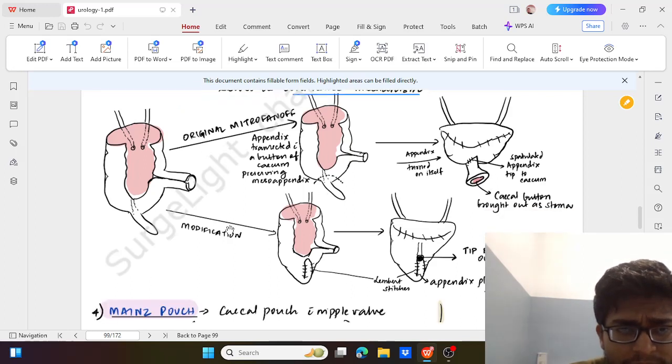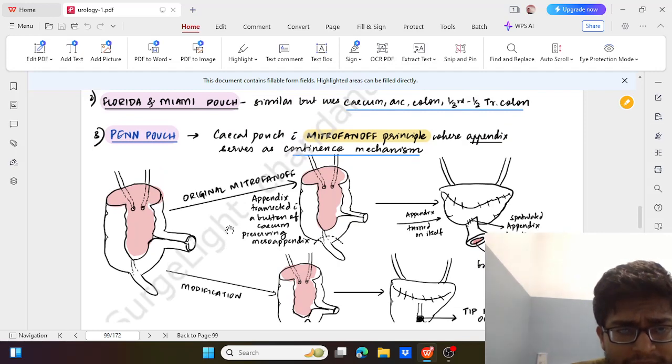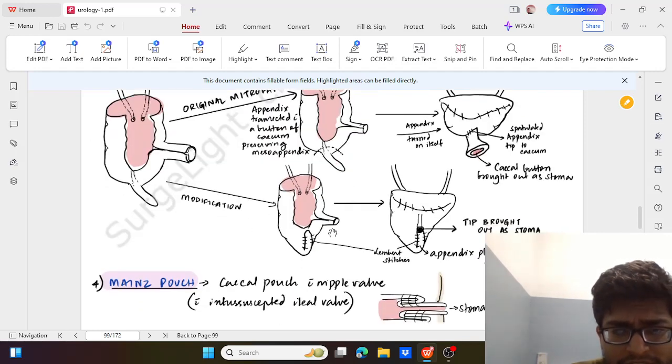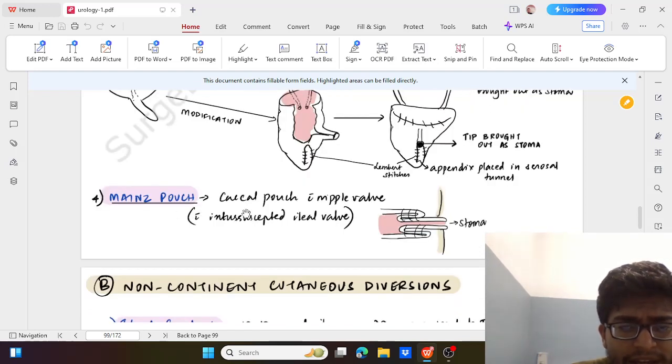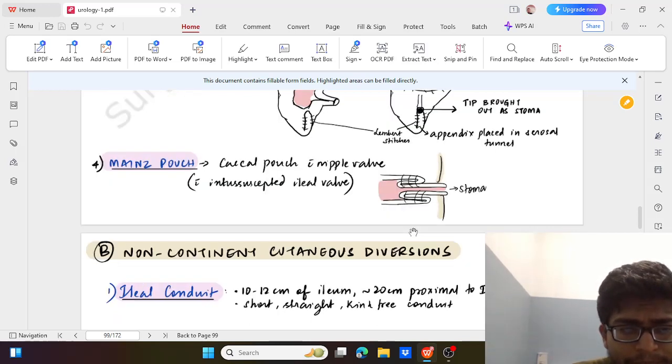In the modification of the Penn pouch, the appendix is placed in a serosal tunnel and the tip is brought out as stoma. Next is Mainz pouch, a cecal pouch with nipple valve mechanism, which uses an intussuscepted ileal valve to form the stoma.